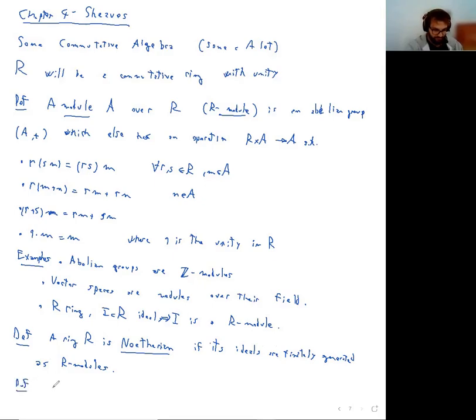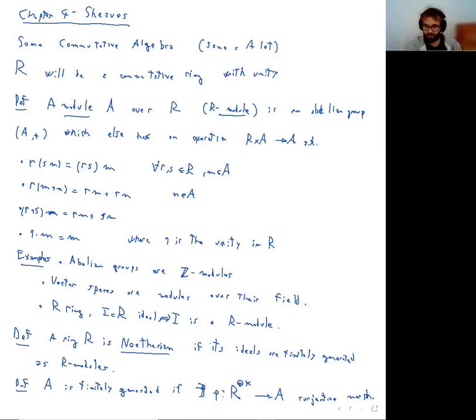Definition. A is finitely generated if there exists phi from R, sorry, R not real numbers, but R the ring, R^k into A, a surjective morphism.